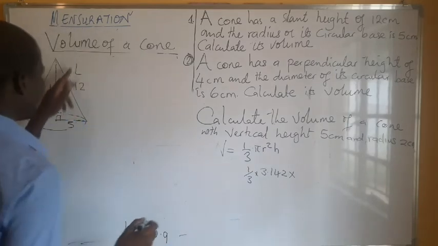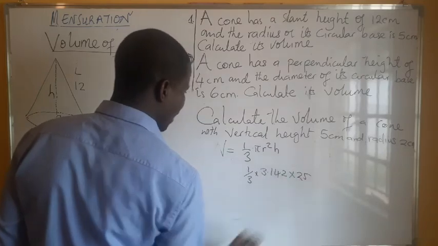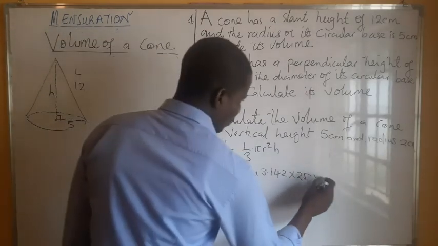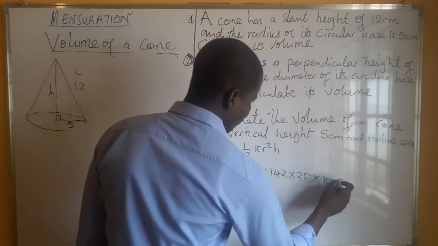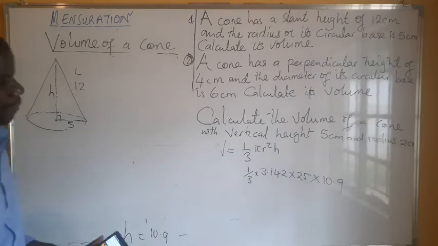Radius is 5 here, and it's supposed to be squared, so it will be 25. Then multiplied by height, which we just found as 10.9. This is what we are going to work with.